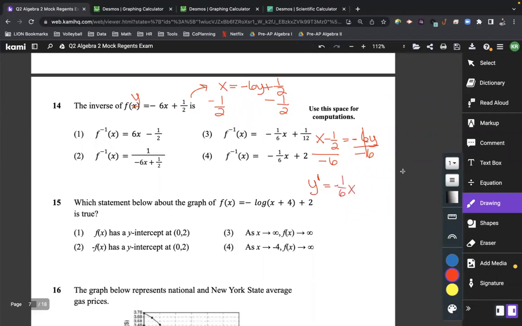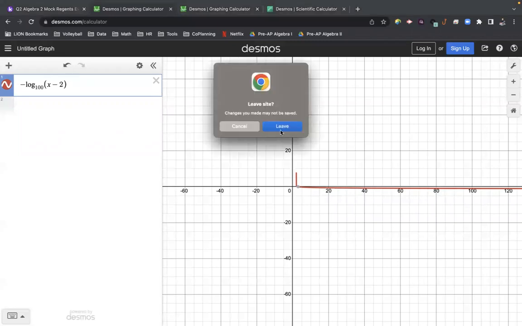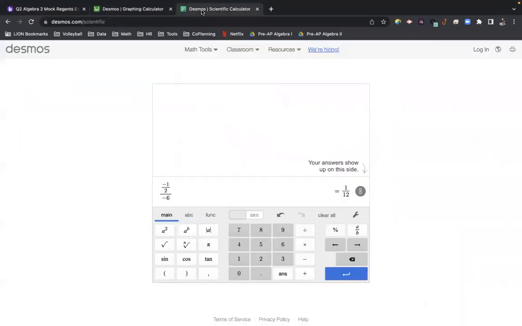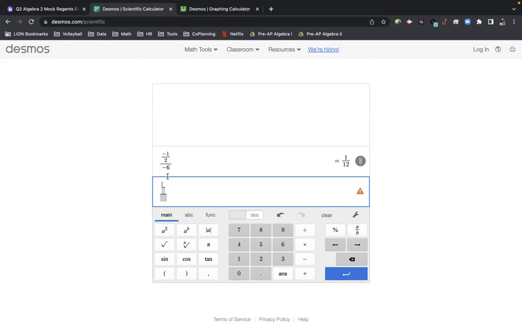That's going to be the first thing. Now, a fraction divided by a number. Instead of trying to crack your heads about what that proper math is, just use your calculators, okay? I programmed it for you guys here. All I did was press enter, put the fraction function in, and on the numerator I pressed fraction again and put that negative 1 over 2, and at the bottom I put the 6.